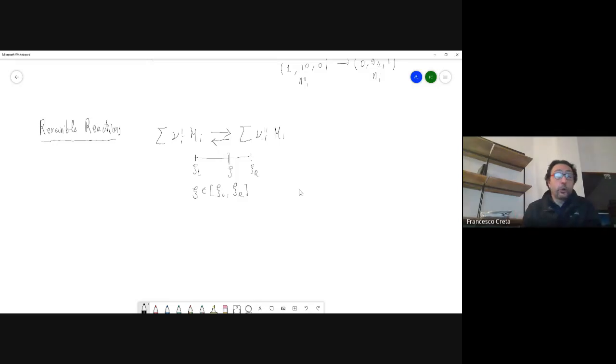Now, if we normalize the change in number of moles with the difference in stoichiometric coefficients, then we have our definition. This will appear clear in a second.